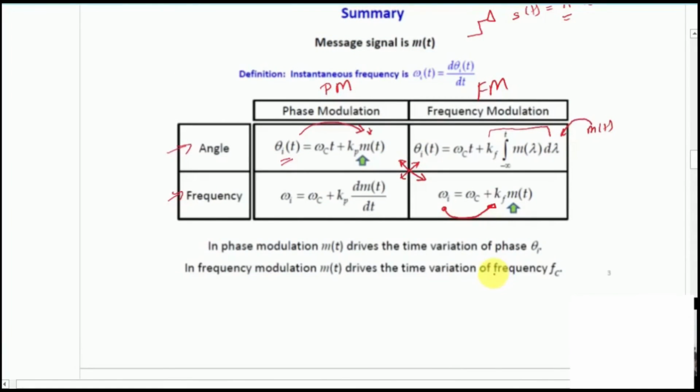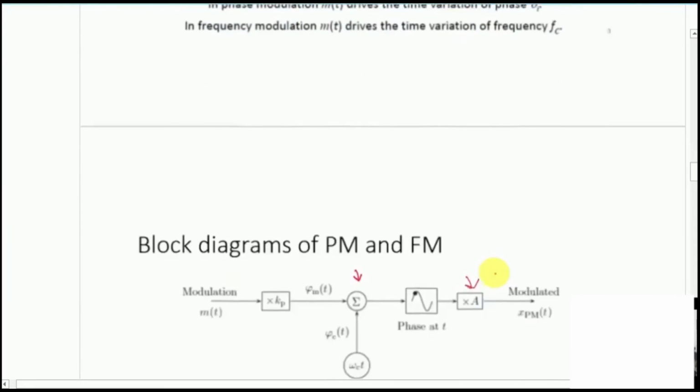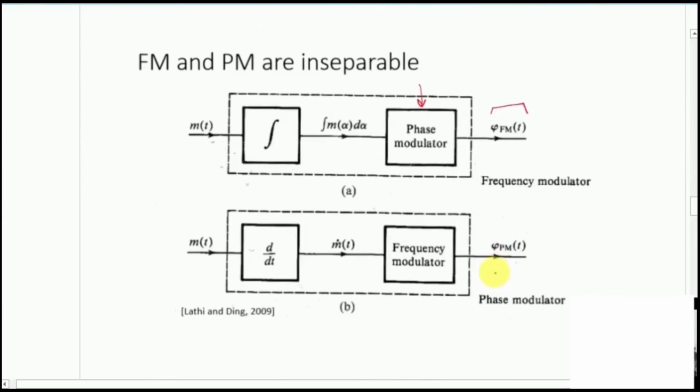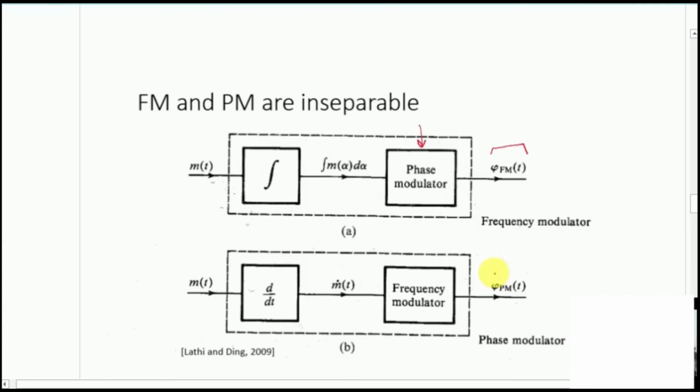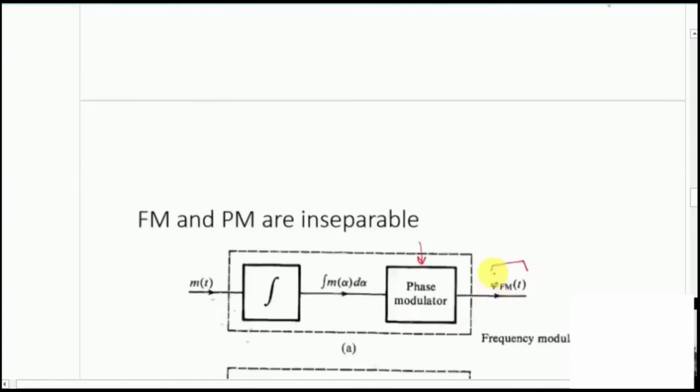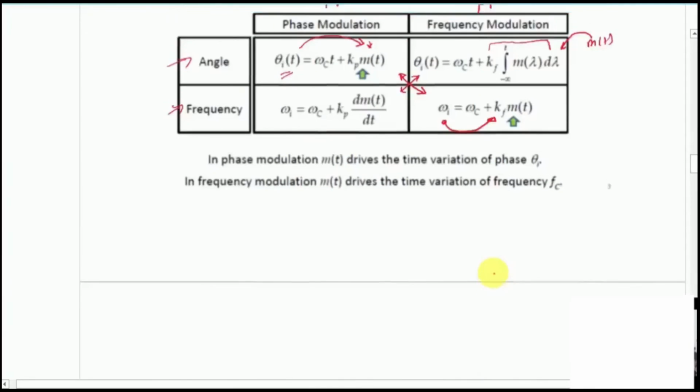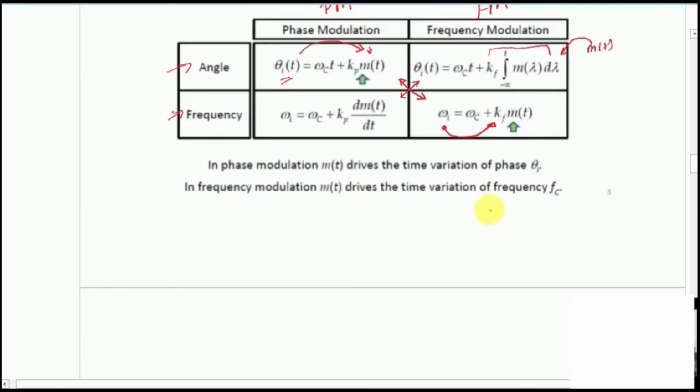Let's talk about the first case, using a phase modulator to generate a frequency modulated signal. Starting with the message signal m of t, you pass it through an integrator, and then you get a new waveform. Let's call it m tilde of t. Once you have this, now this becomes your new signal.